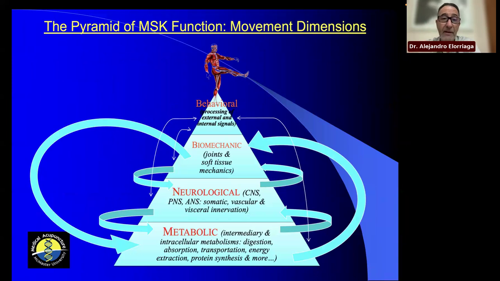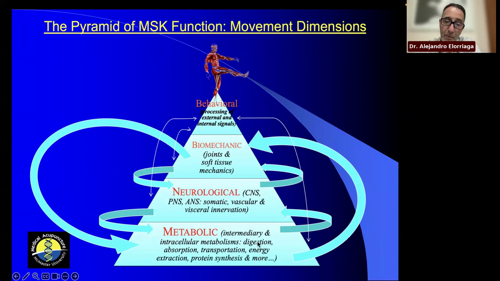So here you have the pyramid of movement, which will help you, at least, remember to look into all these dimensions. Start with the metabolic, neurological, obviously biomechanical, and behavioral. But the biomechanical is useless if you don't understand the neurological and the metabolic.